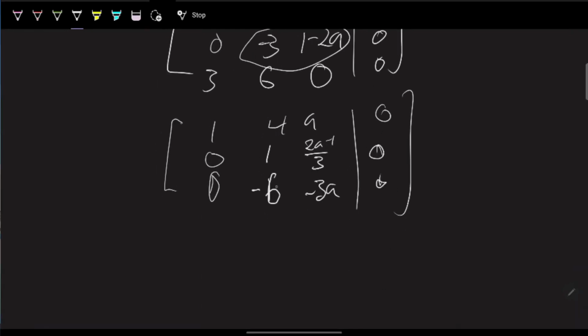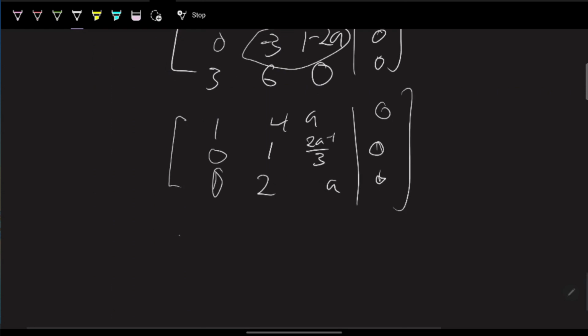What's the easiest? Divide this by negative 3. So then this turns into a 2, and this just turns into an A, I think. And then you can subtract out that second row from each of the others.